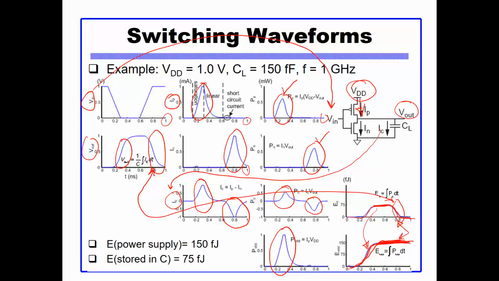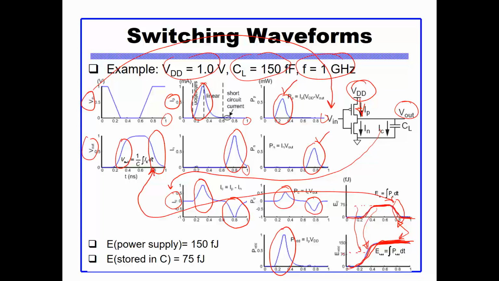While the energy on the capacitor is stored halfway through, and then it gets discharged whenever we discharge the output. So this here, okay, is half this quantity here. Okay, so he's saying that assume that we have a VDD of 1 volt, a CL of 150 femtofarad, and a frequency of 1 gigahertz.